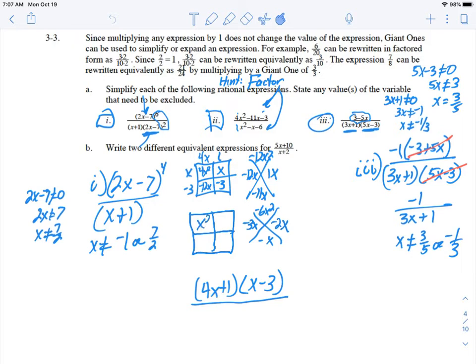So x squared, -6, -3x, -2x, x times x. This has to be a -3, this has to be a -2. So we get x minus 3 times x plus 2. So right here, that -3 and that -2 is why you can just get by with only using the diamond portion. You really don't need the square.